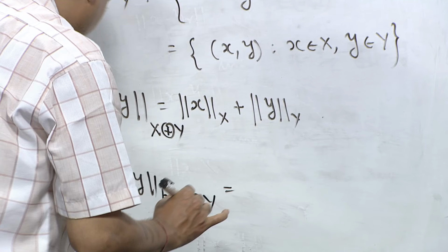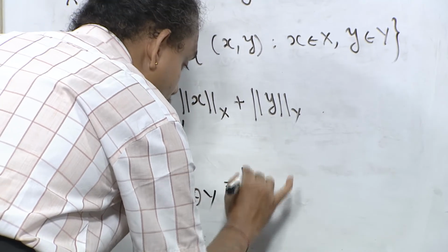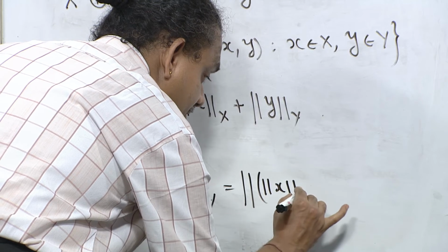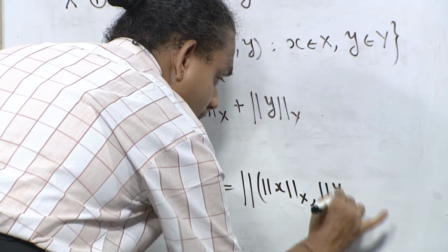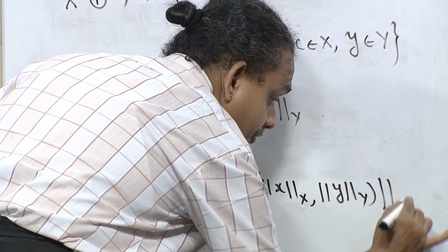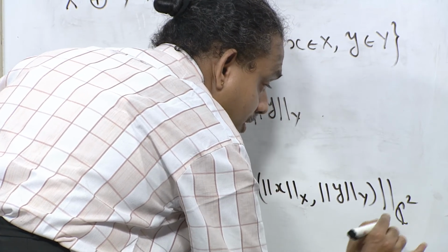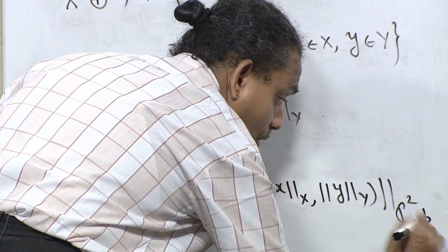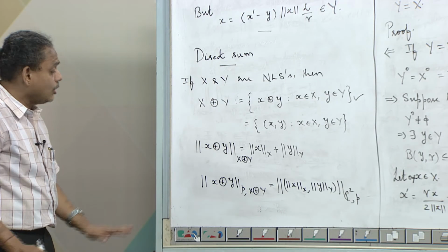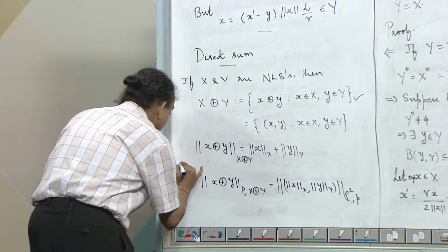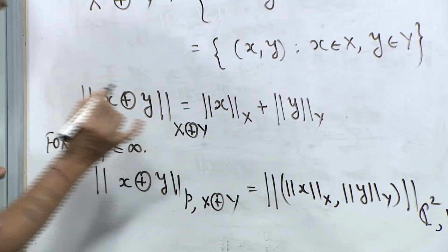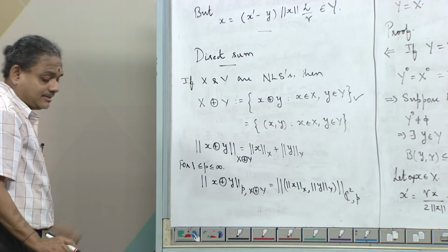It is the norm of the ordered pair norm x, norm y, considered as an element of C 2 with the p norm, that is it. So, with this you should be able to work out further details, for 1 less than or equal to p less than or equal to infinity.